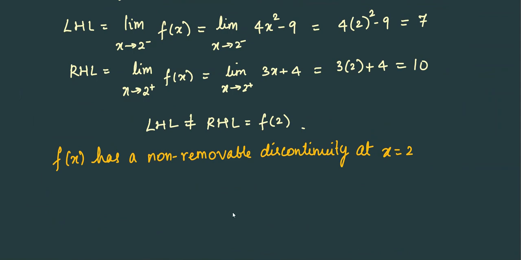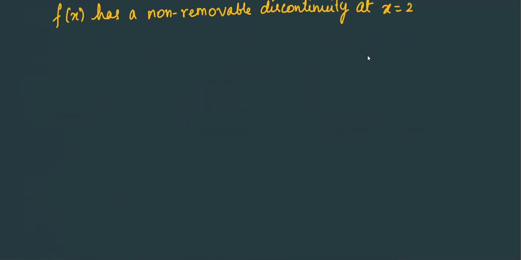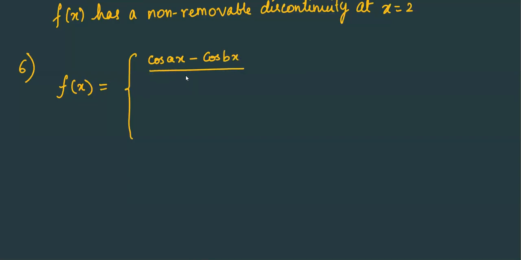Now let's do one more, the last one probably for today. f of x is cos ax minus cos bx upon x square if x is not equal to 0, and it is half b square minus a square if x is equal to 0.